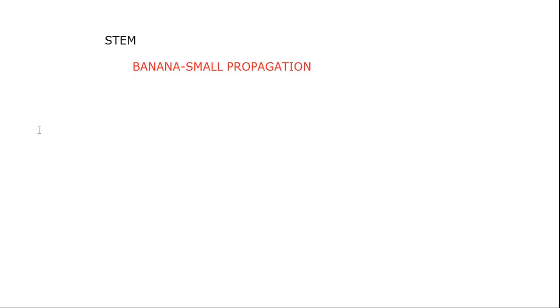Do you know any other stem propagation? But this is a natural method. So this stem propagation is a natural method, right? So in a banana, which is taking place, is a natural one. But if you take an artificial one, can anyone say what is the artificial one?